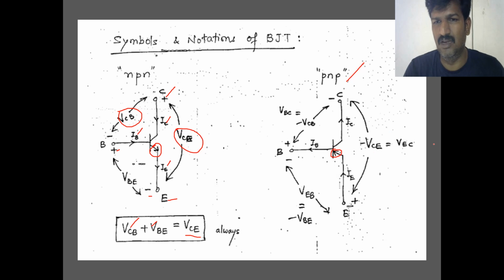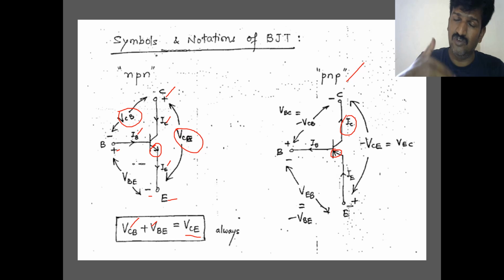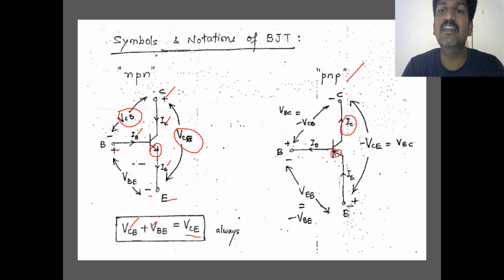One more point you should remember. Here the collector current is exiting from the collector terminal, but in the PNP the collector current is entering. And there the collector polarity is positive, but here the collector is negative polarity. You are taking the emitter as positive. Have you understood? You can write it like that. VCE is minus, meaning the collector has negative polarity for the PNP, so we have written minus VCE.